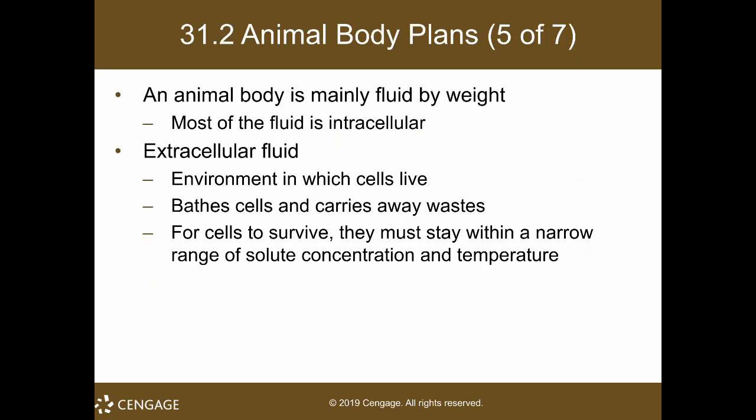So the animal body is mainly fluid by weight. Actually, around 74 to 75% of your body is made up of water. The extracellular fluid is the environment in which your cells live. It bathes the cells and carries away waste. For cells to survive, they must stay within a narrow range of solute concentration and temperature.